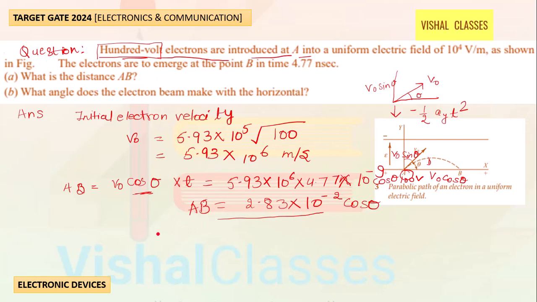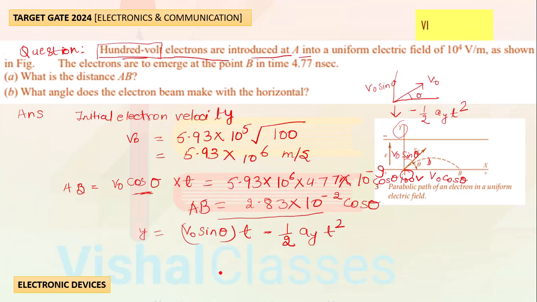So the y component, if you evaluate, is given as v naught sin theta into t minus half a t square, where the acceleration in the y direction is constant.